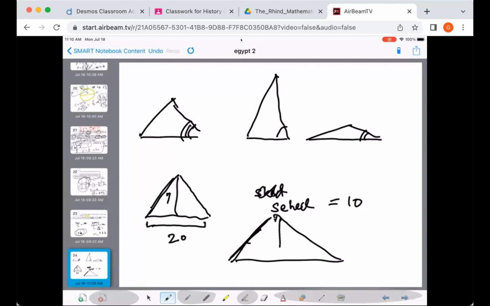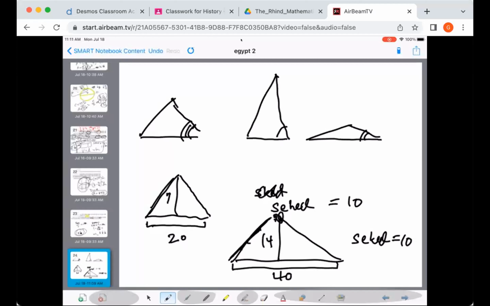If the height was 14 and the base was 40, the secant would also be 10. So the secant doesn't change if you change the parameters, doubling it, tripling it.